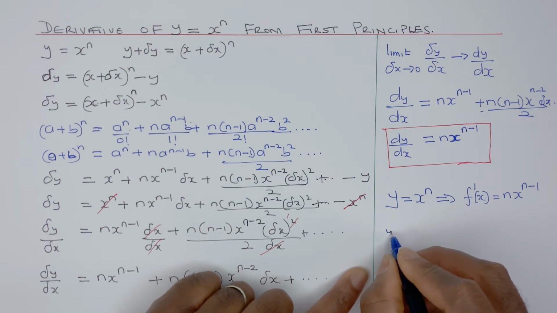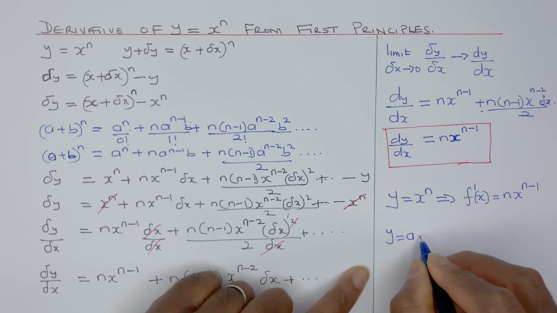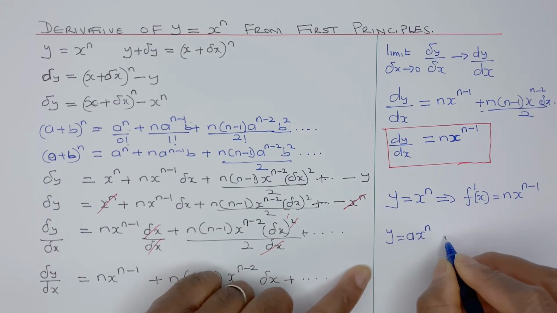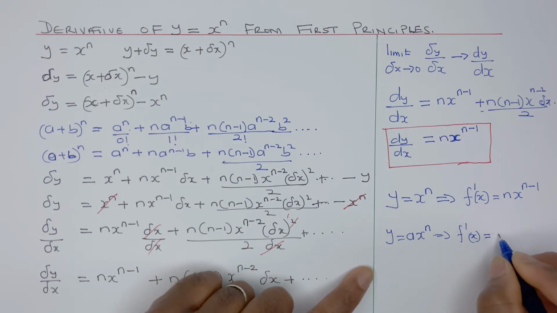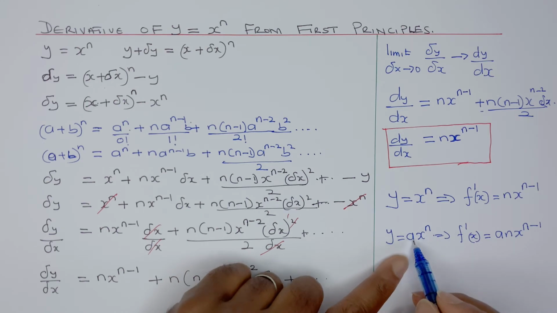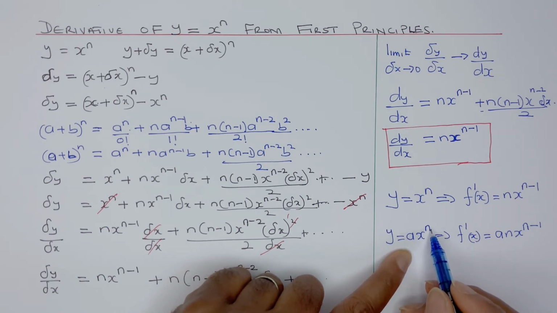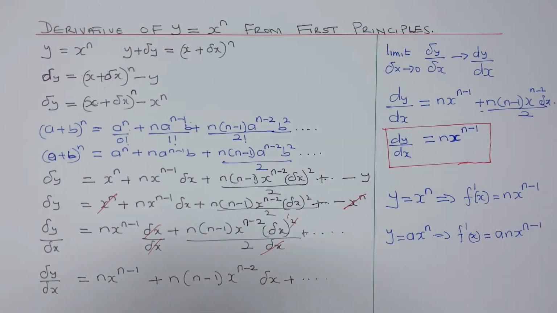Or if you have y equals a x to the power of n, the derivative f dash x will be a n x to the power n minus 1. So what you do is you bring the n down and you subtract 1 from there.